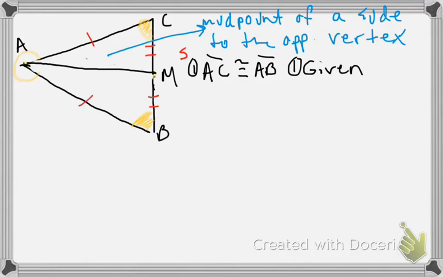Now the other thing we had is we said that this is the median. We got the median here, A to M, and it goes to the midpoint. So what we're going to do is talk about AM is a median.